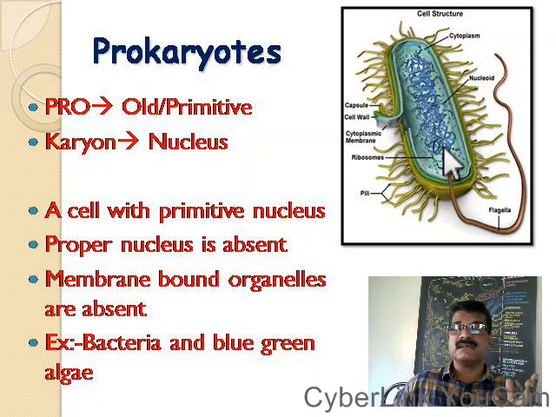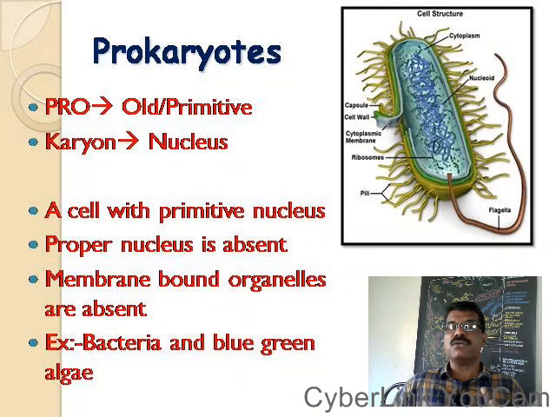Prokaryotic cells have a nucleoid, they do not possess a proper nucleus, and the membrane bound organelles are absent. The organisms that possess prokaryotic cells are called prokaryotes. Are you clear? Then what about eukaryotes?